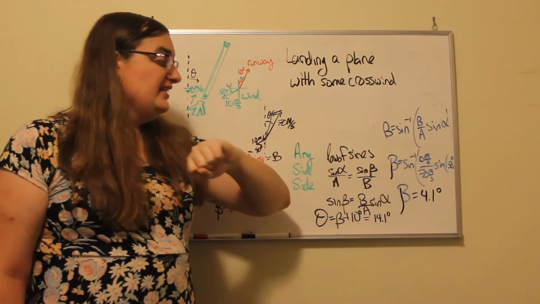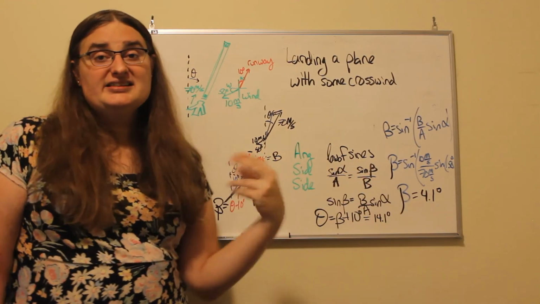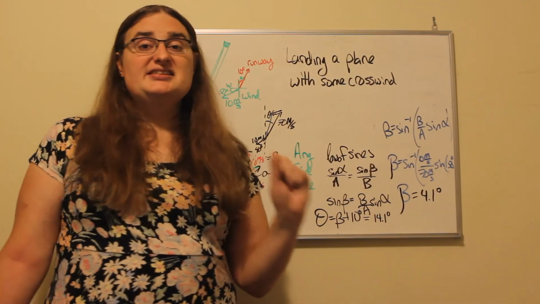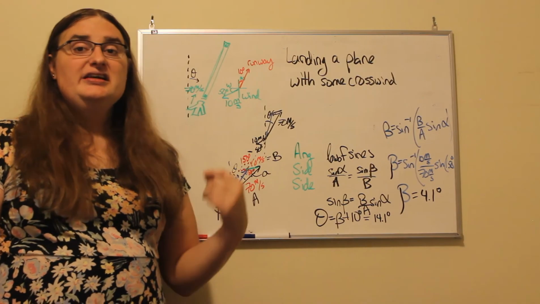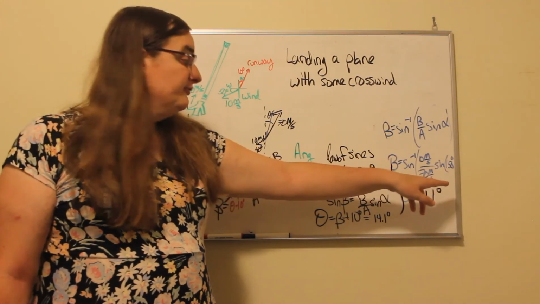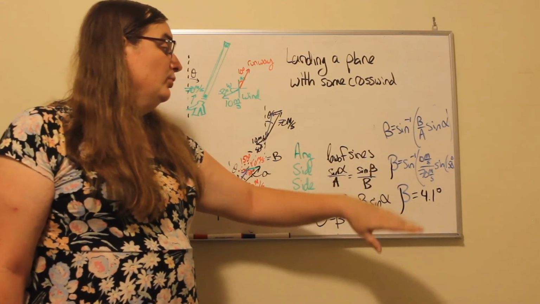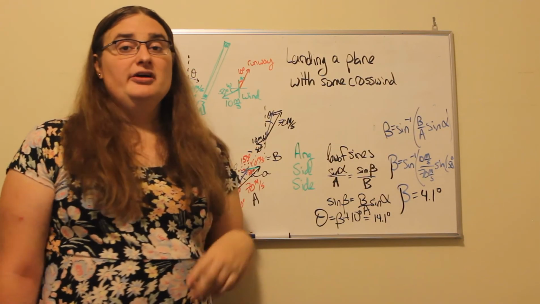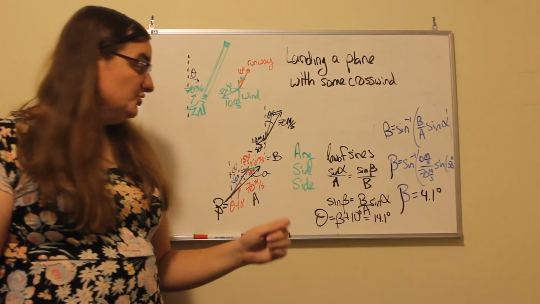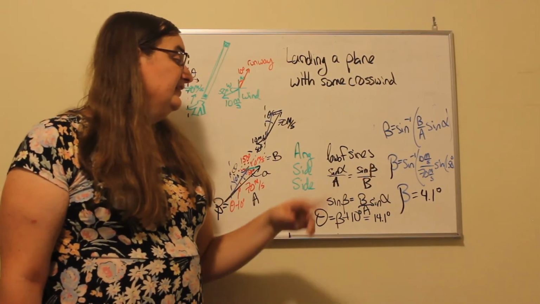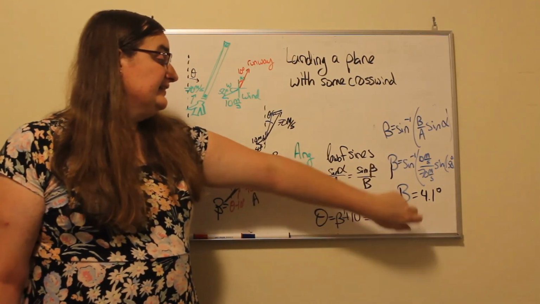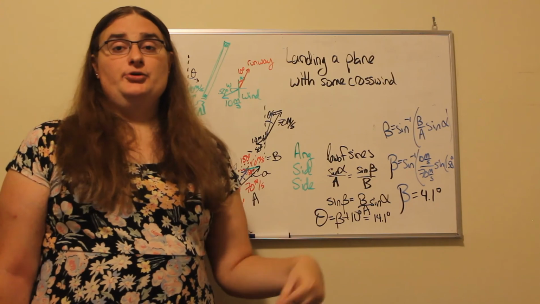So B is 10 meters per second, A is 70 meters per second, so that gives me 1/7 times the sine of 150 degrees, and the sine of 150 degrees is 1/2. So 1/7 times 1/2 gives me the argument for my inverse sine. It's less than 1, so we're going to get an answer. And the inverse sine of that value, 1/14, is 4.1 degrees.